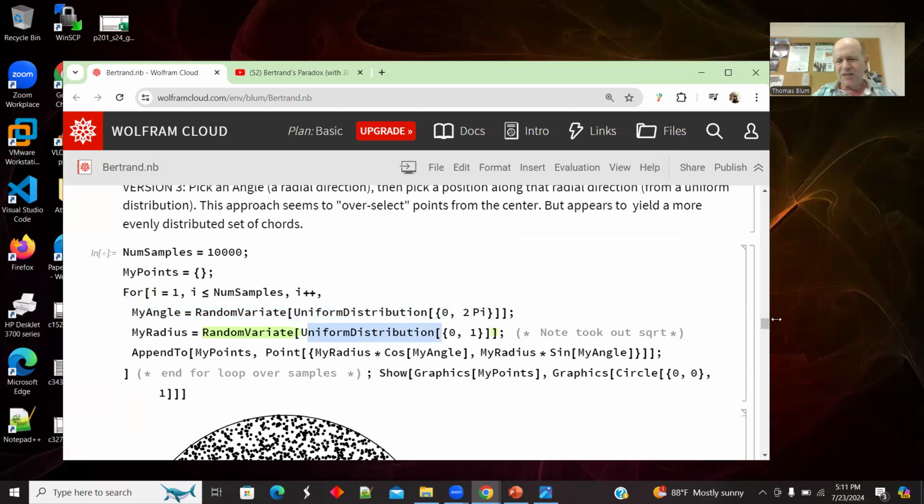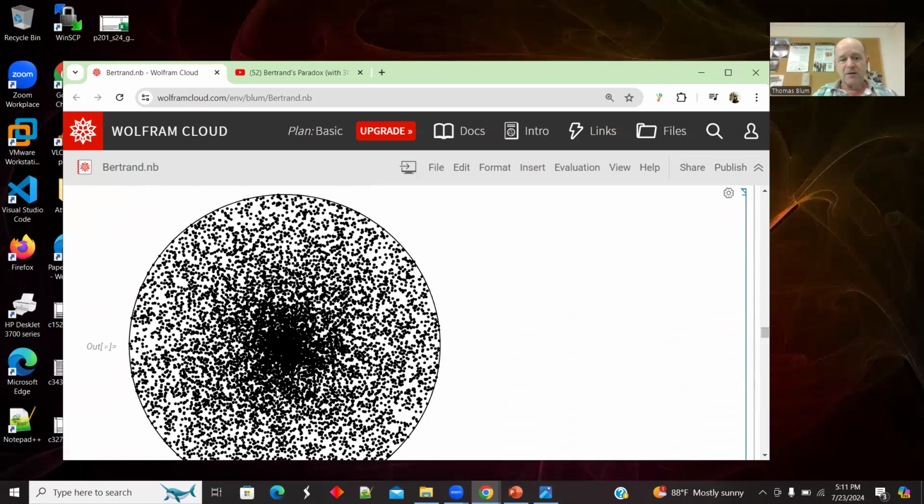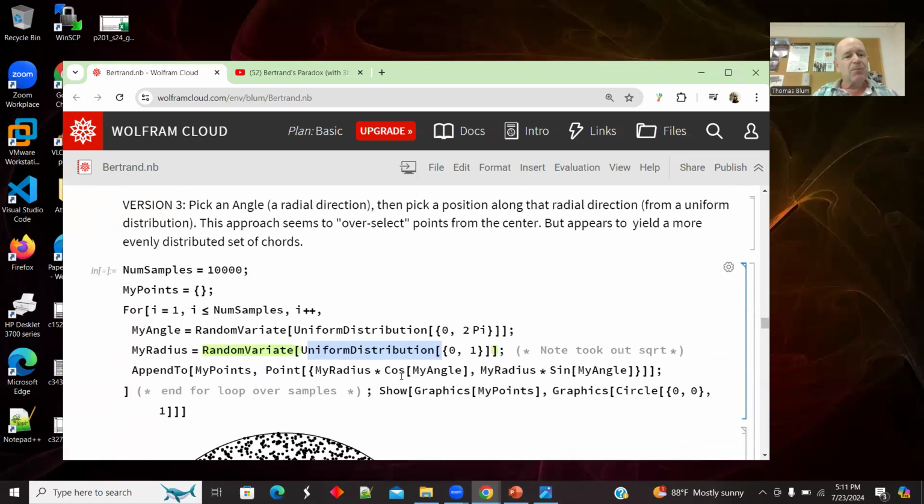So if we're just using this to pick points, we get a lot more points in the middle. That's why we took the square root before, to get rid of that. But in this approach, where you pick the radial direction and then a position along that radial direction, the suggestion was to take it as uniform.